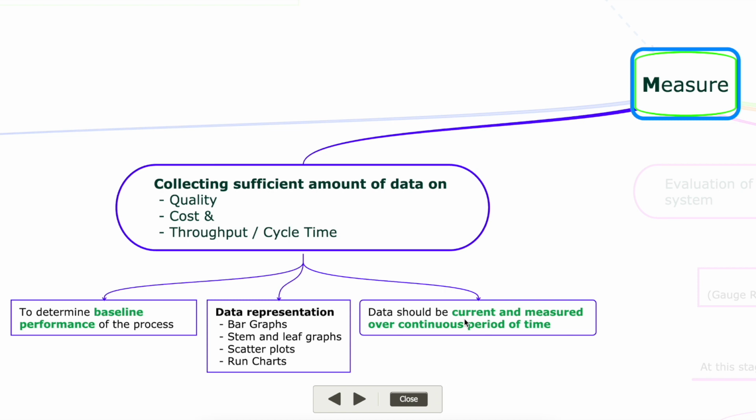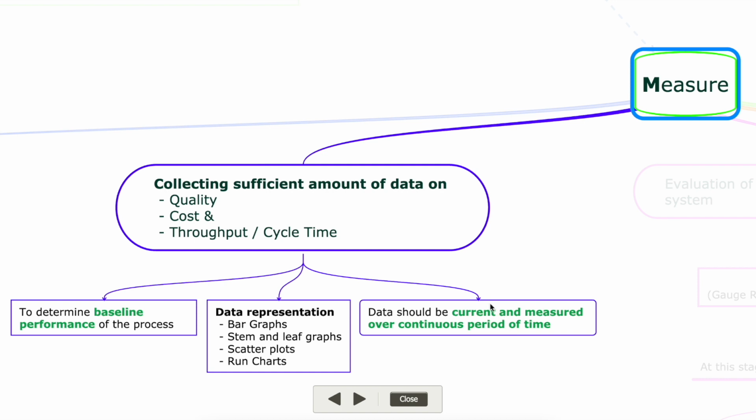It should not be like we measure for 1 month and then give a break of another month, and then start collecting data after another month, and then give a break, and then start measurement again. It should be current, meaning in the present form, and over a continuous period of time, so that we could have a real understanding of the process.